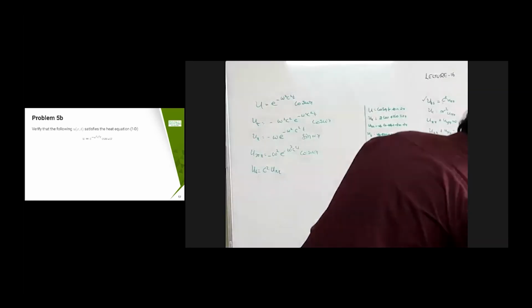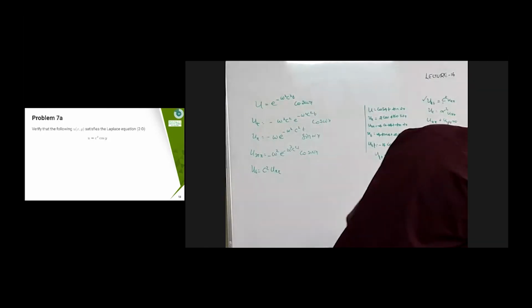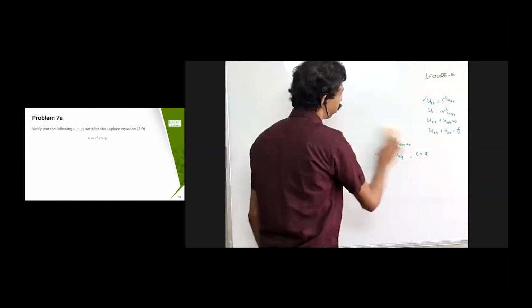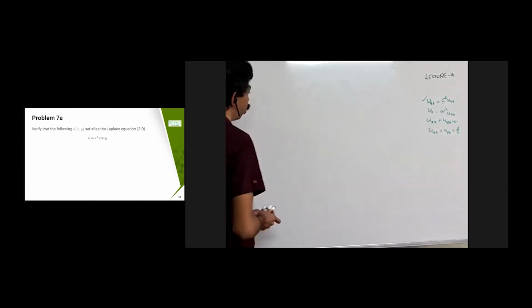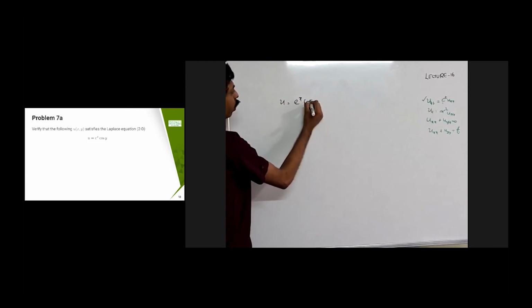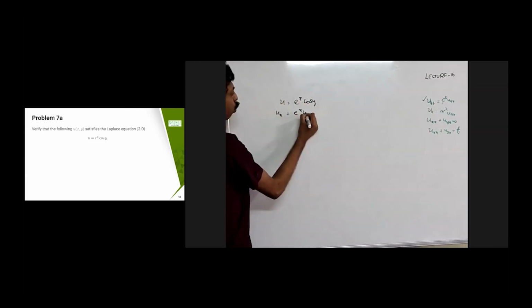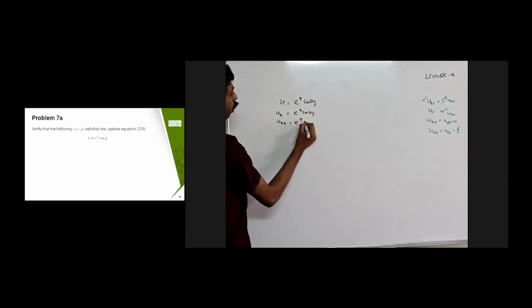Fine. Next one. We have to check whether this is satisfying the Laplace equation. Let us verify. So u is equal to e power x cos y. ux first you have to find, that is e power x cos y. uxx is also e power x cos y.